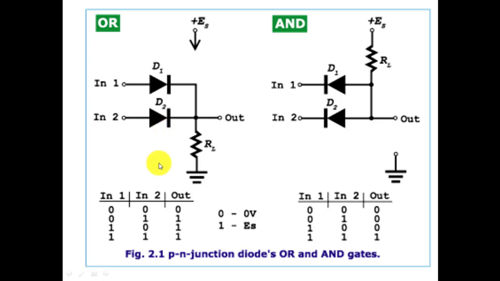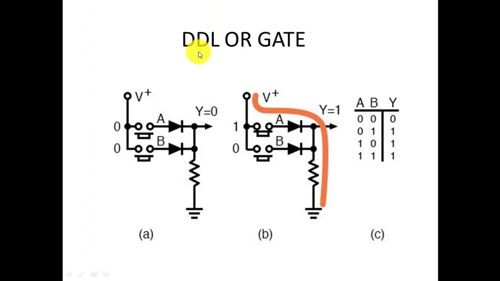You are already familiar with the logics of OR and AND gate, and what is happening here in diode logic, you can see that the diode conducts current only in forward direction.